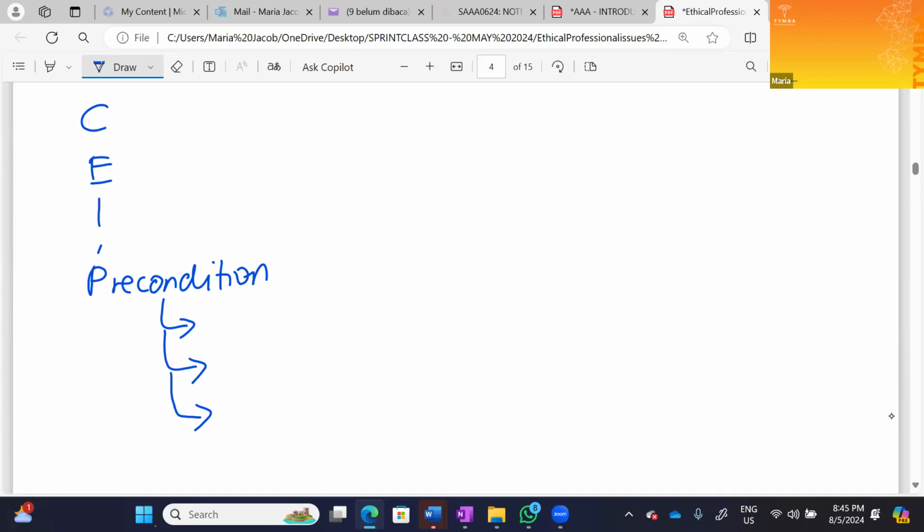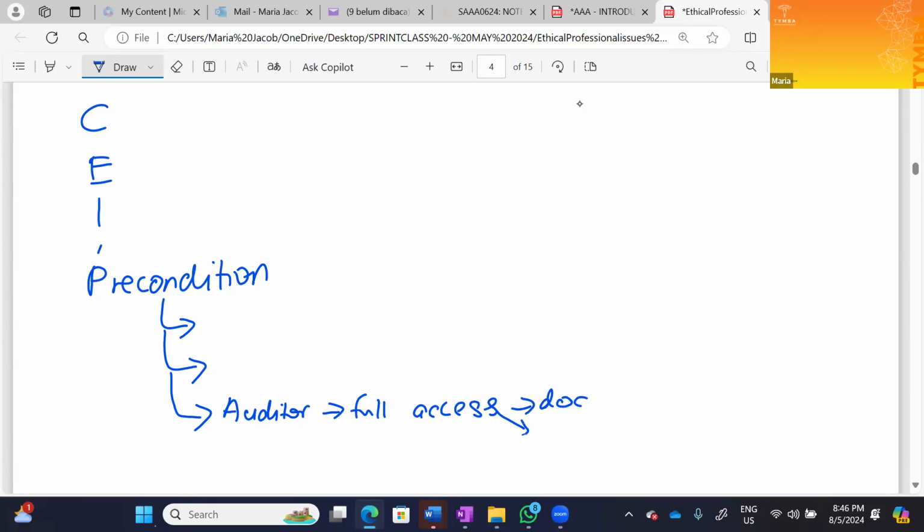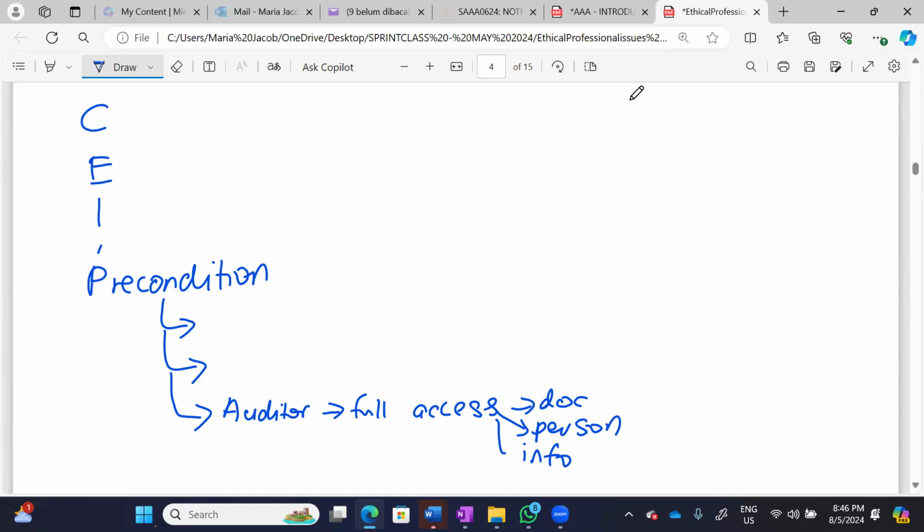Yes, correct. The auditor should have full access to documents, to the people, and to the information. What else?